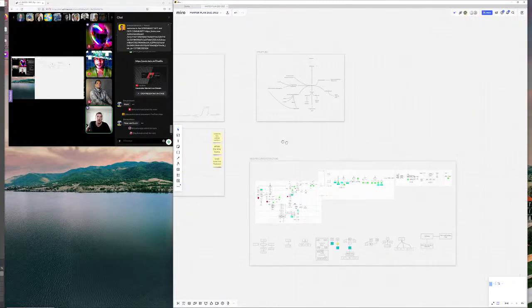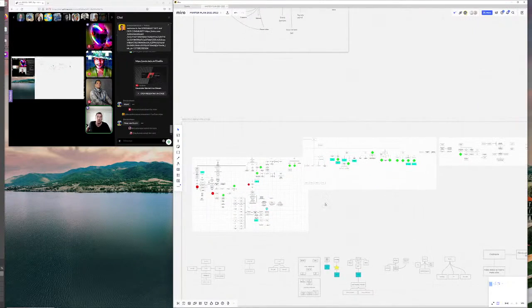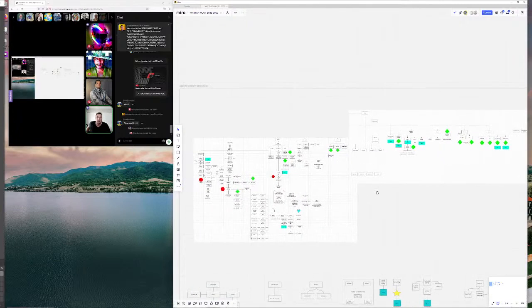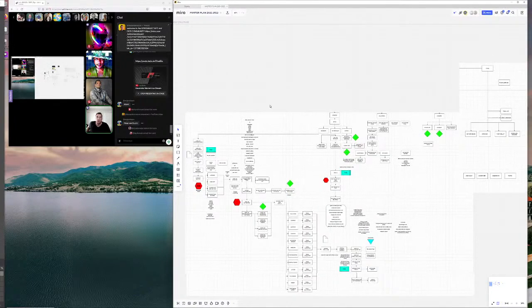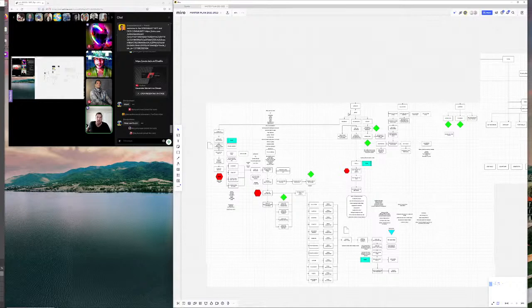I gave everybody access. This is the ultimate vision that I created back in probably February of what the website should do. It's not fully there yet. We're going to need a bunch of people to work together to generate the content to make it actually work.